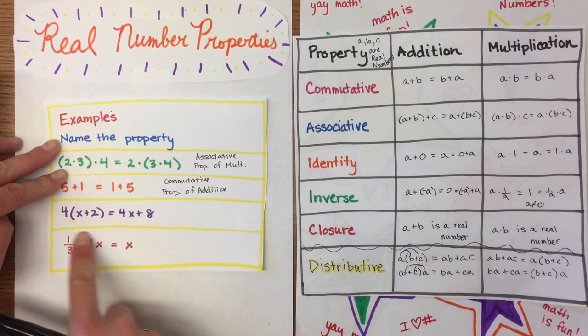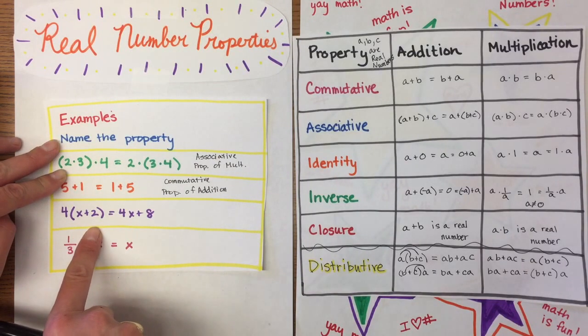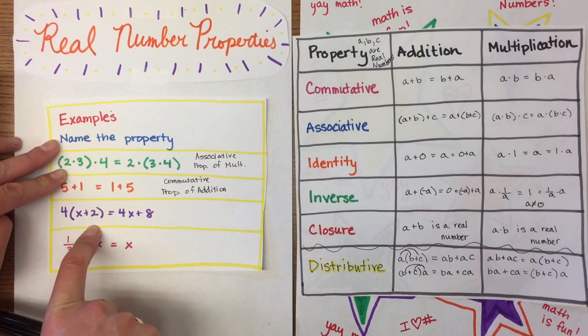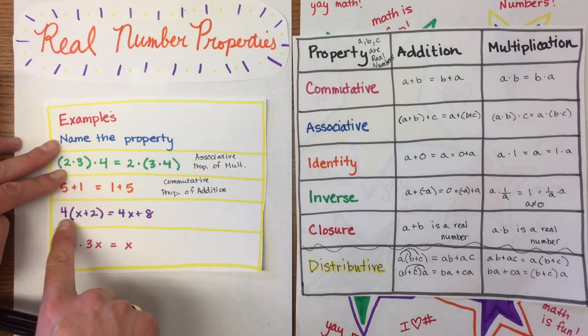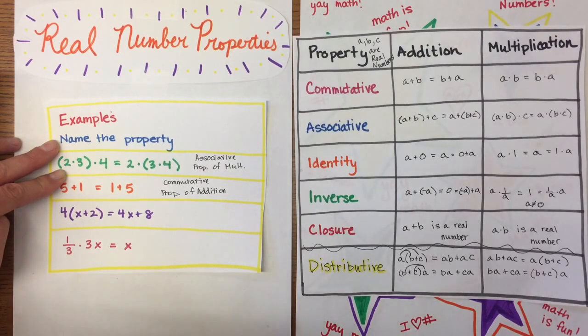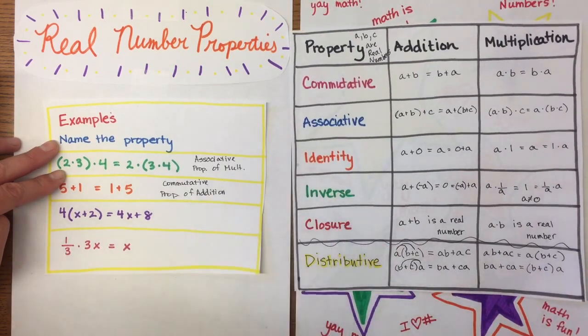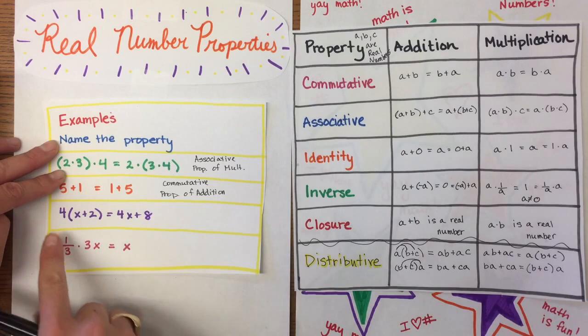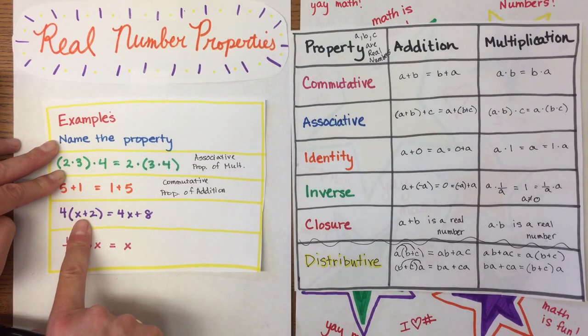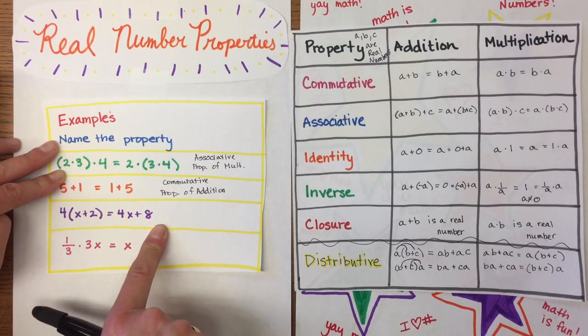In our next step, we've got grouping, which sometimes might lead me to associative. We have addition, and we have multiplication. That indicates to me that it's going to be distributive, because distributive has multiplication and addition. So we've got 4 times the quantity x plus 2 is equal to 4x plus 8.